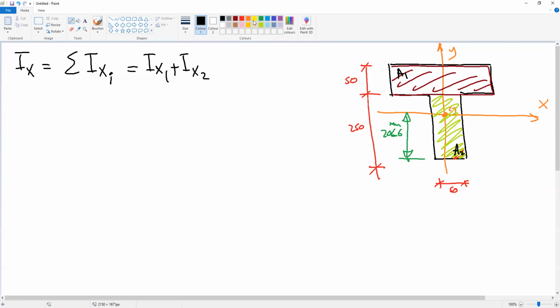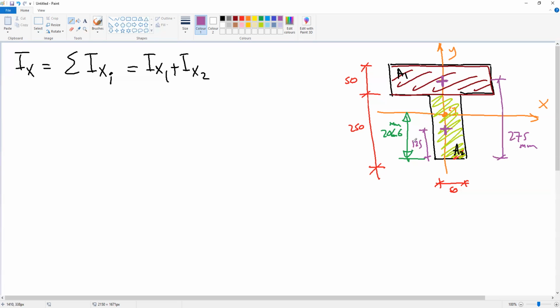The centroid of area 1 is here, the centroid of area 2 here. The centroid of area 2 was 175, the centroid of area 1 was 275 from bottom, and this one is not 175, it is 125.